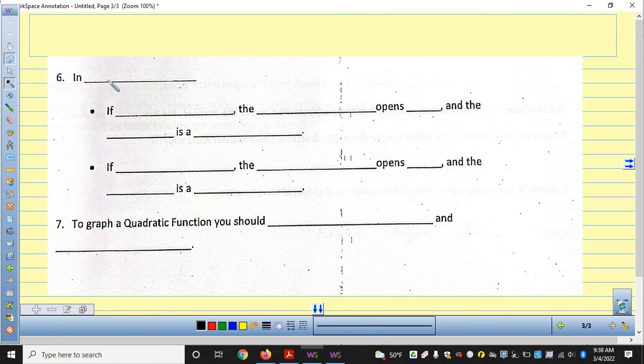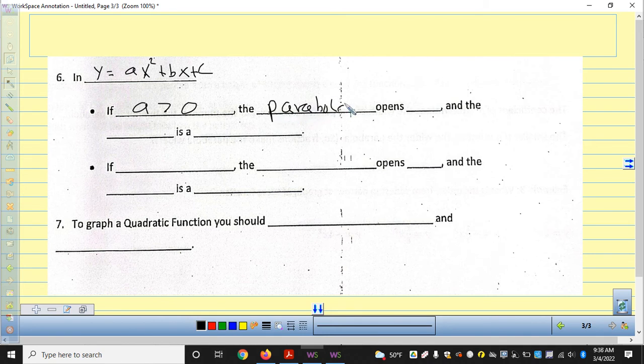For our parabola, if we have an equation, y equals ax squared plus bx plus c, if a, the number in front of x squared, is positive, so if a is greater than 0, the parabola opens up. It makes a U shape that opens up, and the vertex is a minimum.